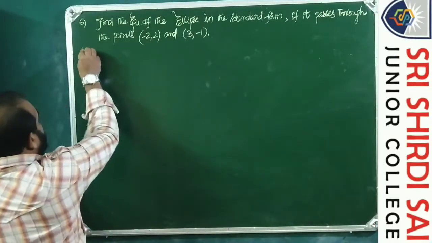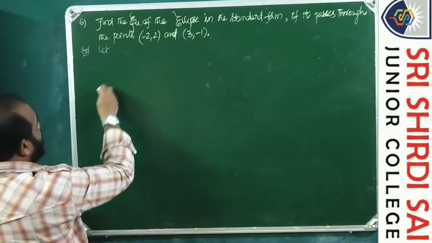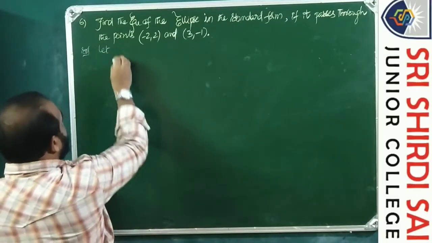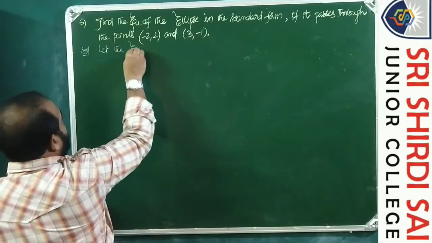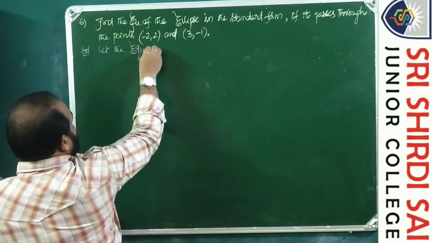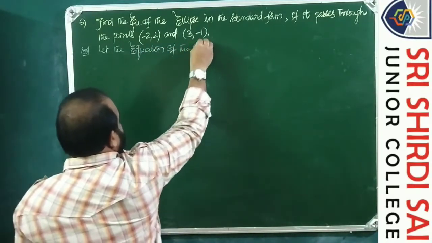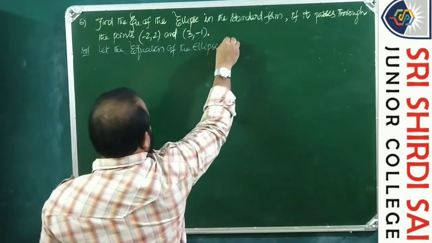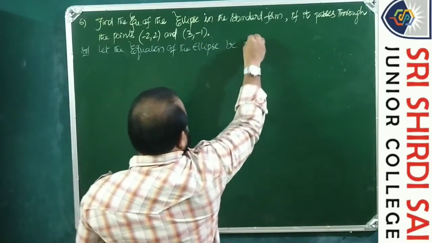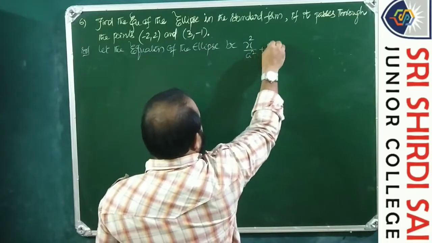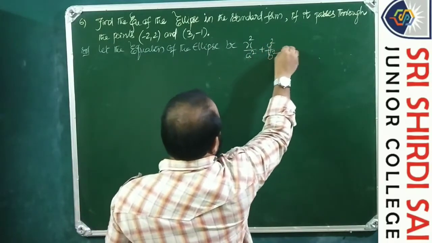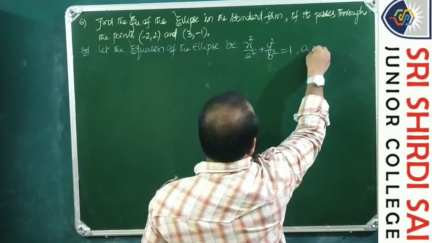So let the equation of the ellipse be x square by a square plus y square by b square equals 1, where a is greater than b.